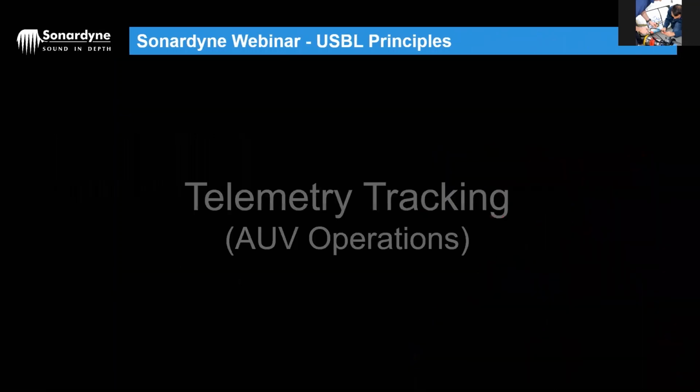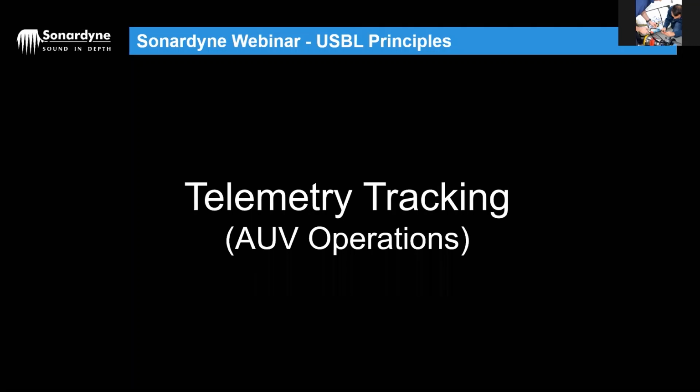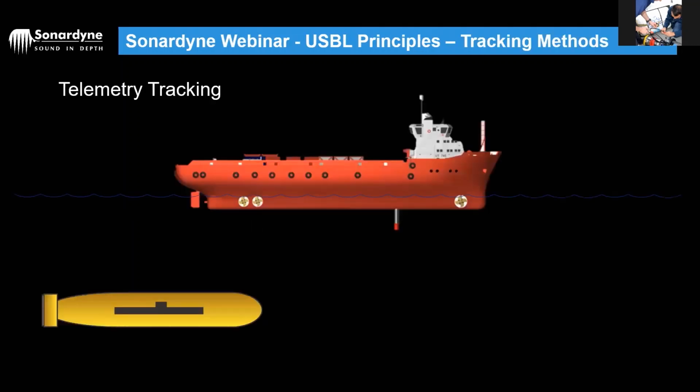Now, the other sort of tracking method we're going to look at very quickly is AUV operations. Now, when you're tracking an untethered vehicle like an AUV, these are generally navigating themselves or guiding themselves around using an inertial system, which do drift over time, which you'll find out in a couple of weeks' time as you go through our inertial webinar. So in order to fix that drift, an AUV needs a regular update of its position.